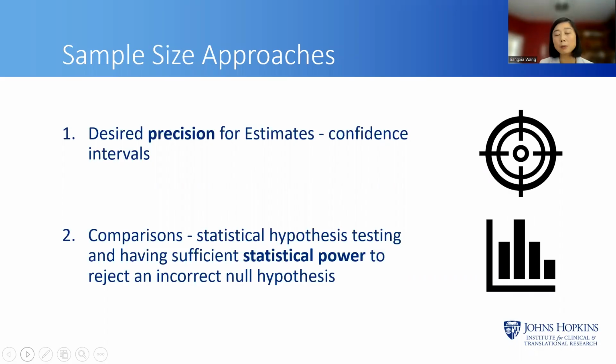The other approach, which is more common than this desired precision for estimate, is comparison between groups. So it involves statistical hypothesis testing and having sufficient statistical power to reject an incorrect null hypothesis.